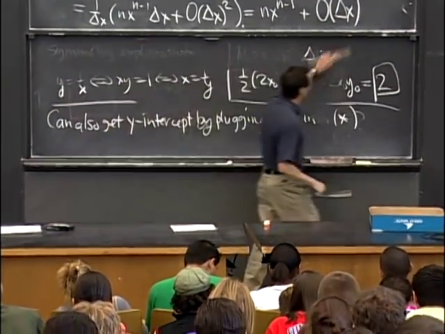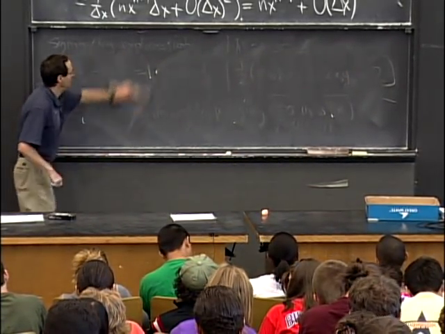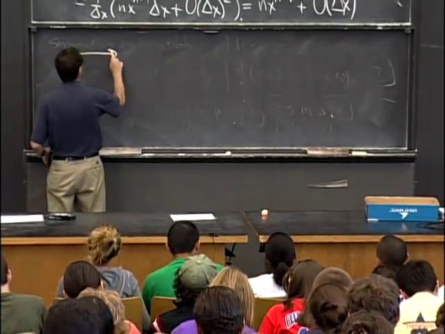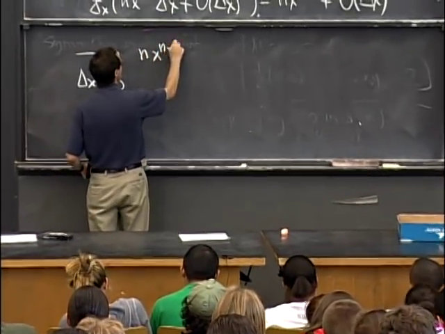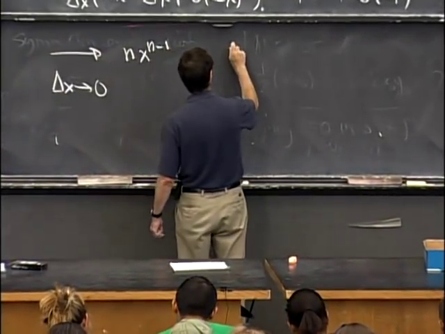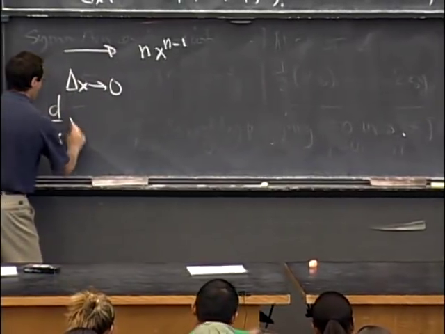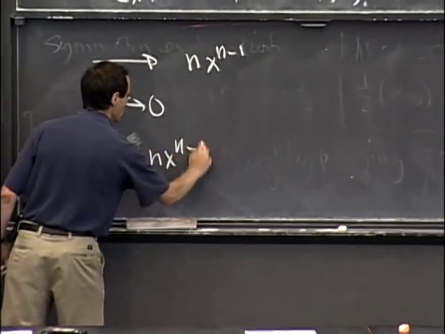That's why I called it junk originally, because it disappears. And in math, junk is something that goes away. So this tends to, as delta x goes to 0, n x to the n minus 1. And so what I've shown you is that d by dx of x to the n is equal to n x to the n minus 1.